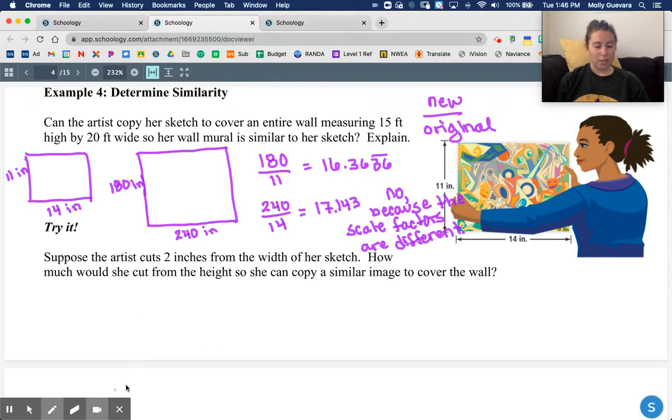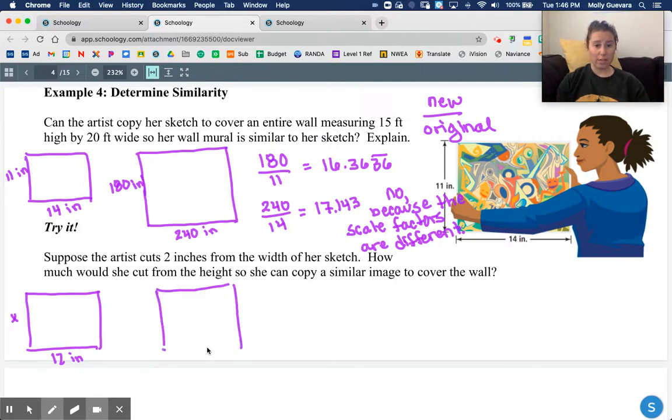Okay, so here it says then, suppose the artist cuts 2 inches from the width. Okay, so then that means now that her sketch is now 12 inches. Okay, how much would she have to cut from the height so that it'll fit on the wall?